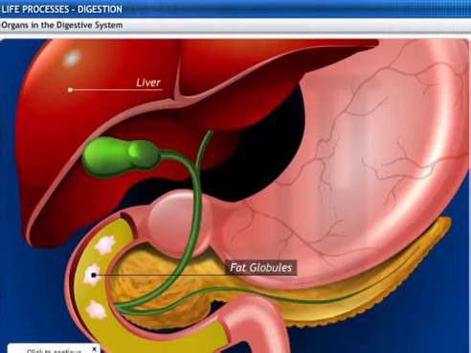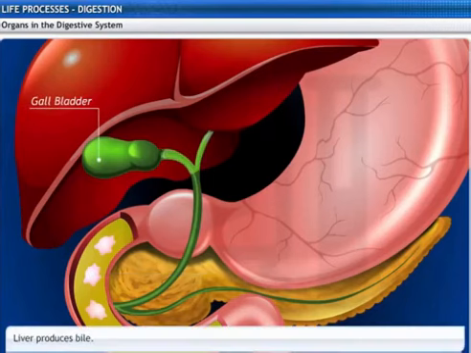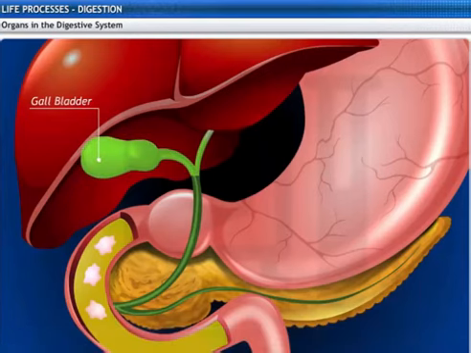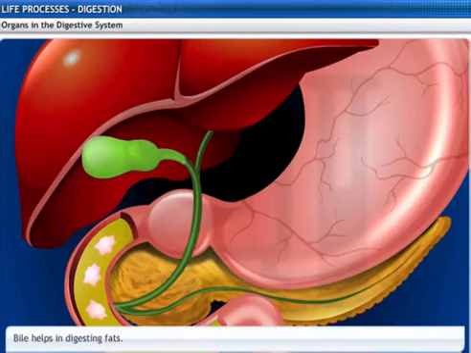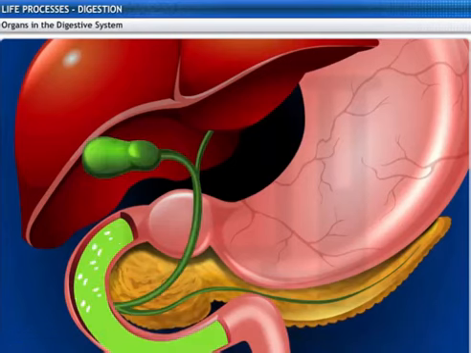The liver is a digestive gland that produces bile and is stored in the gallbladder until it is required. Bile contains bile salts that break down the fat into smaller globules. Bile juice also makes the food alkaline for pancreatic and intestinal enzymes to act on it.